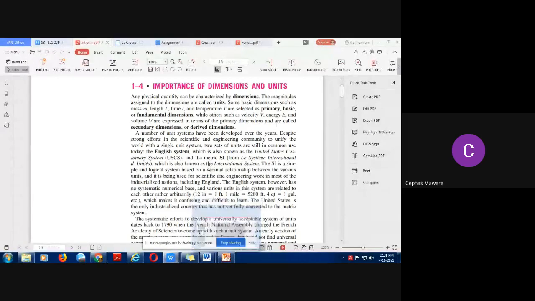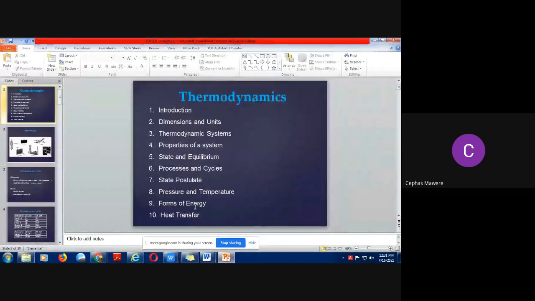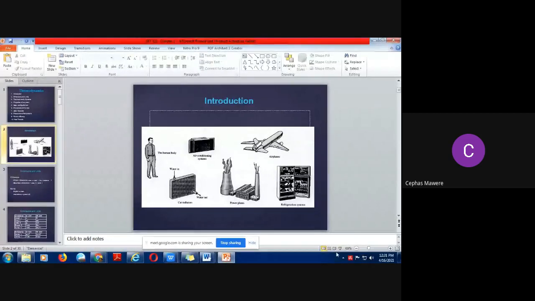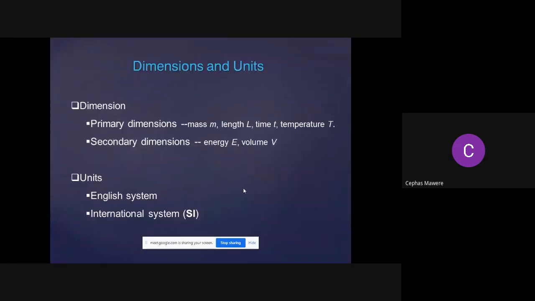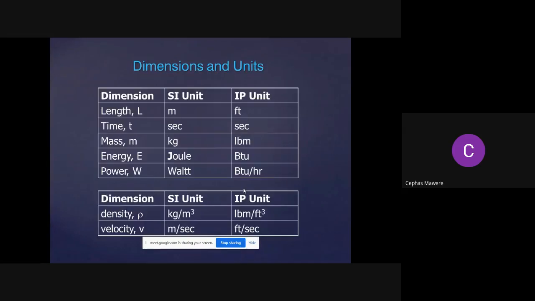this. So, okay, like I said, these are the applications, and our dimensions can be primary or secondary, with units being in the SI, that is International System or English System. And International System for length is meters, for English System is feet.